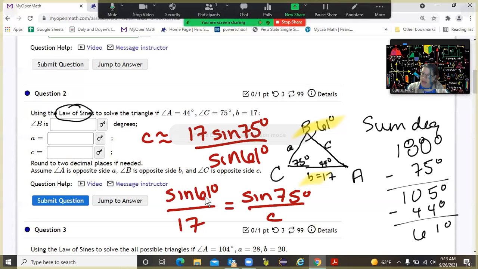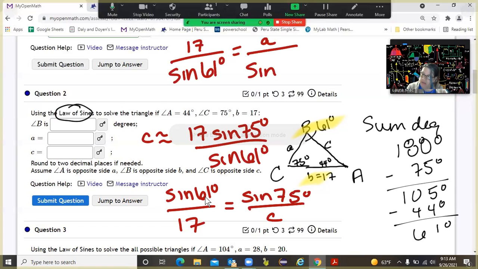And then to find A, we can just set up that same ratio again. And just for the heck of it, I'm going to do it this way, just so you can see that it doesn't matter. So in this one, I'm doing that 17 is to the sine of 61 as little a is to the sine of, what was big A, 44? Okay, so notice, as long as you're lining them up correctly, I've got sine in both denominators, and 17 and 61 are an opposite pair.